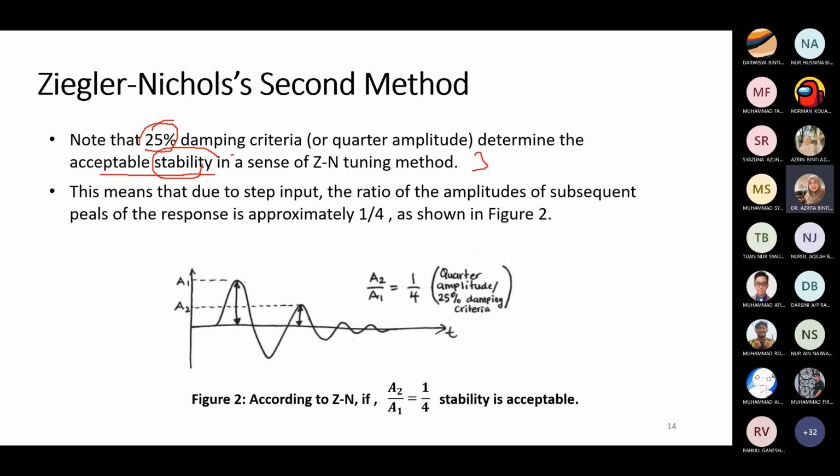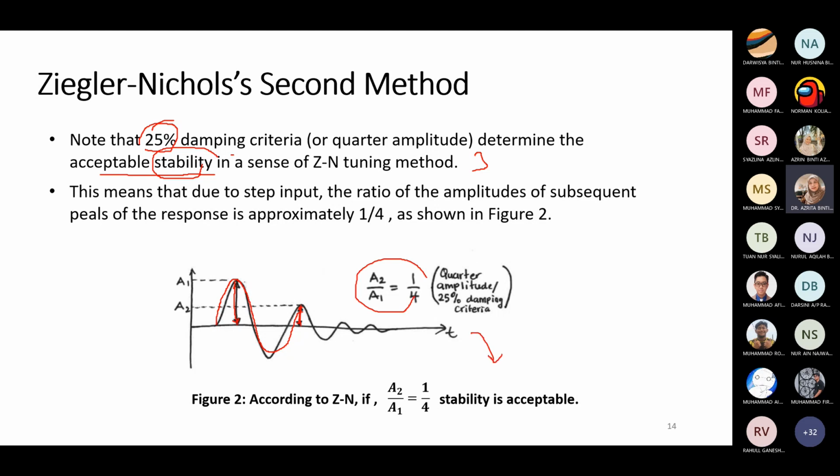So if we imagine it in the output response, we have the transient first. The amplitude of the second cycle compared to the first cycle here is equal to 1/4.